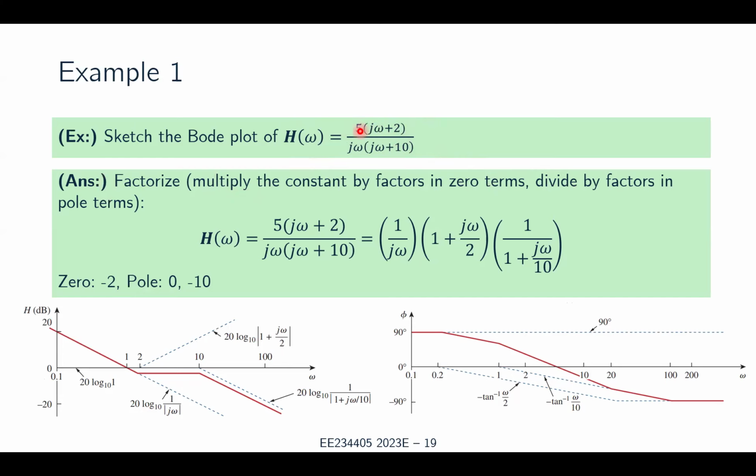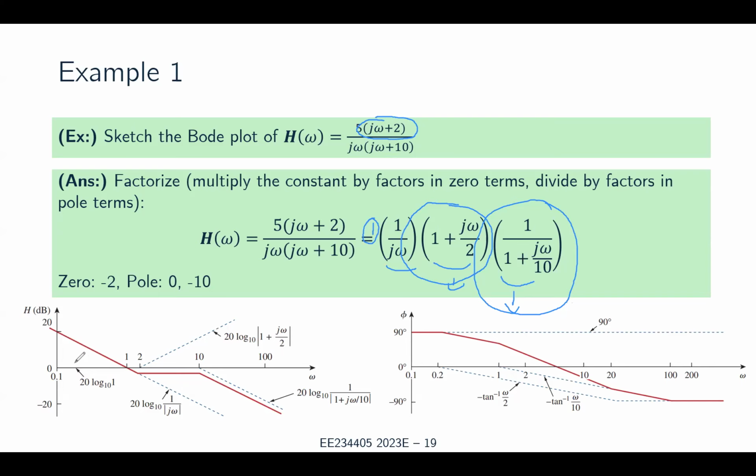In this case, it would be 5 times 2 over 10, which is 1. So we put 1 here, times 1 over j omega, times (1 plus j omega over 2), times 1 over (1 plus j omega over 10). These are the factors that are allowed, because we cannot use this as it is, but we have to convert this into these terms.